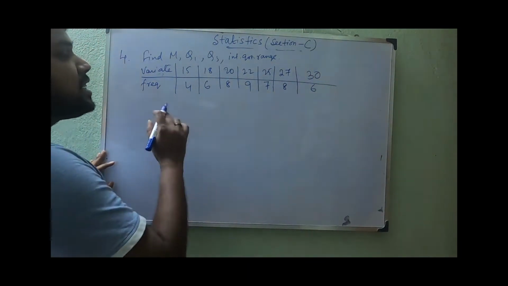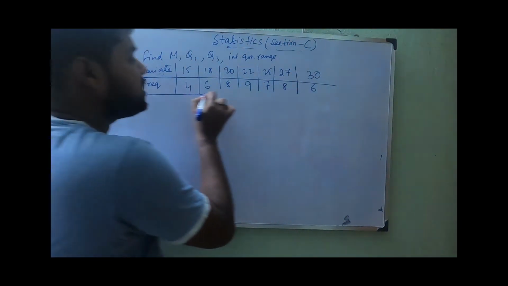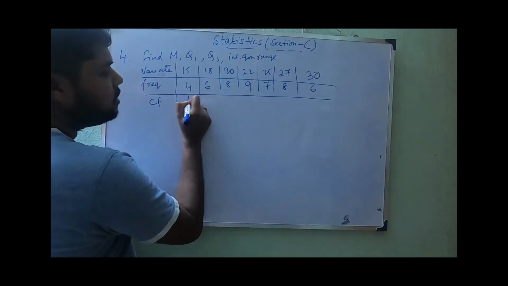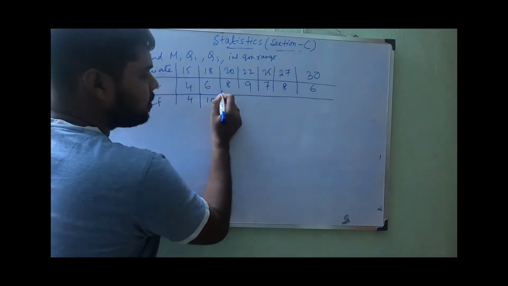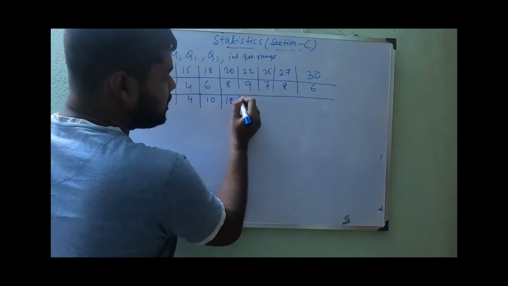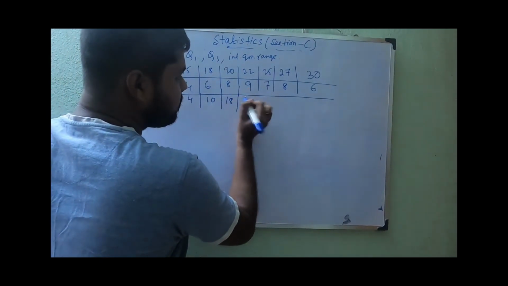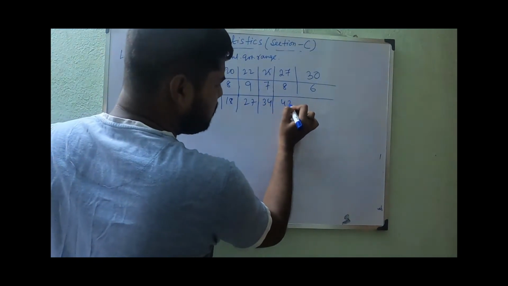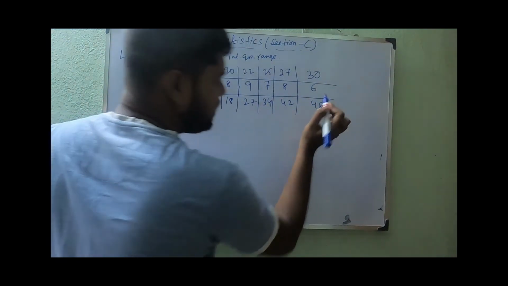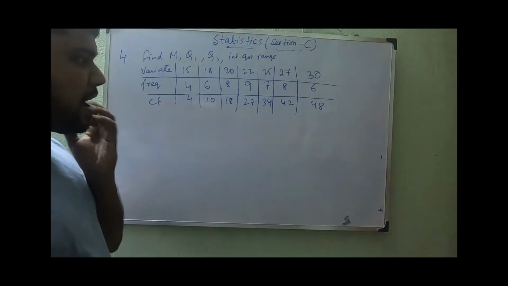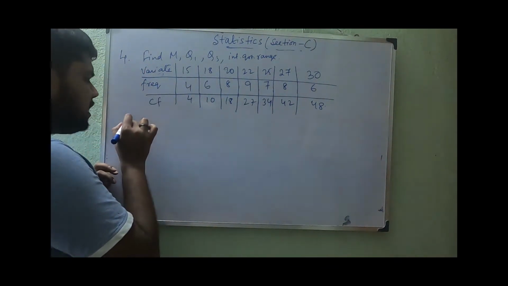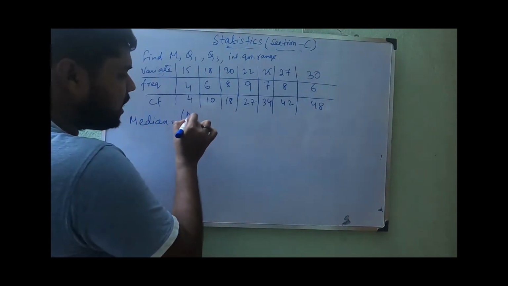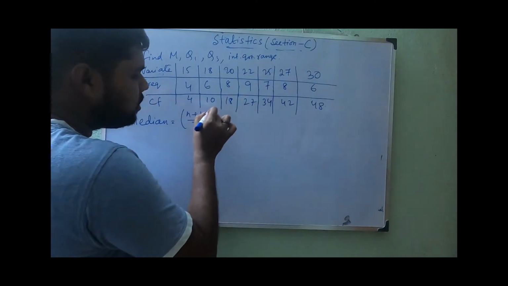Now in this case, let us find out the cumulative frequency, because we require that. So cumulative frequency: 4, 10, 18, 27, 34, 42, 48. So let that be. Now we know what is median. Median is the n plus 1 by 2th value.